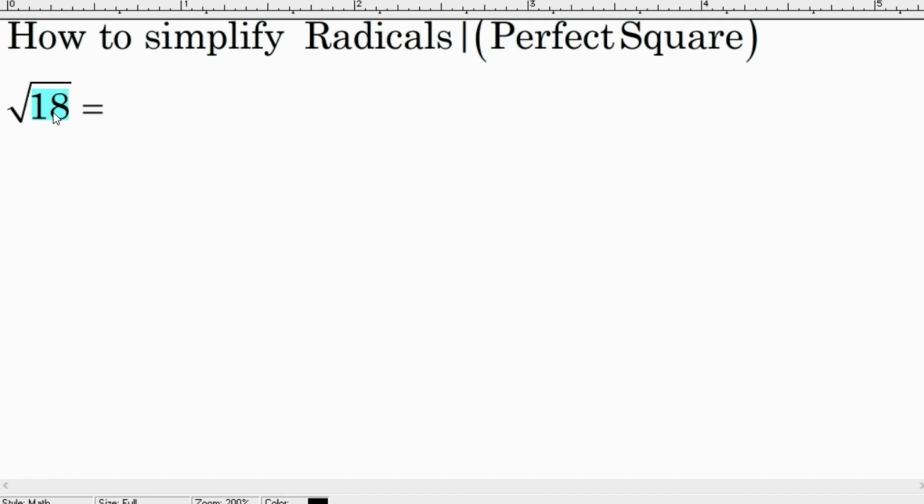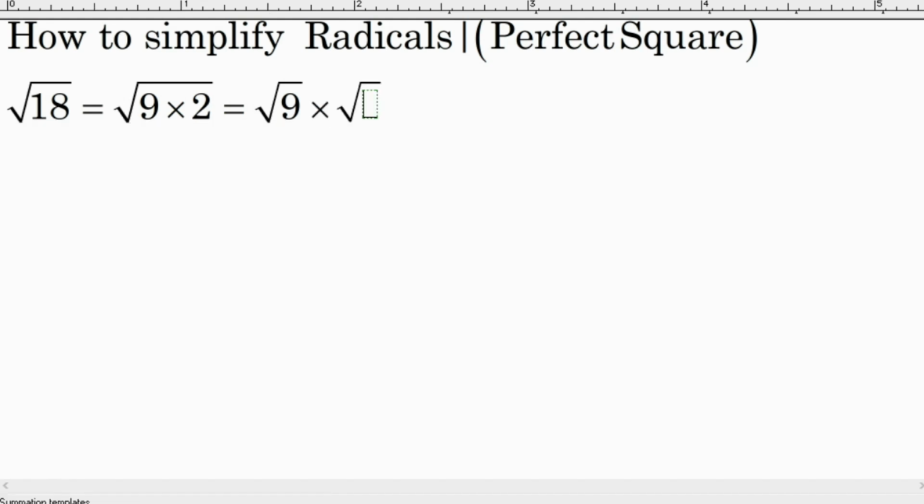So 18 can be written as 9 times 2. Then that will be equal to the square root of 9 times the square root of 2.